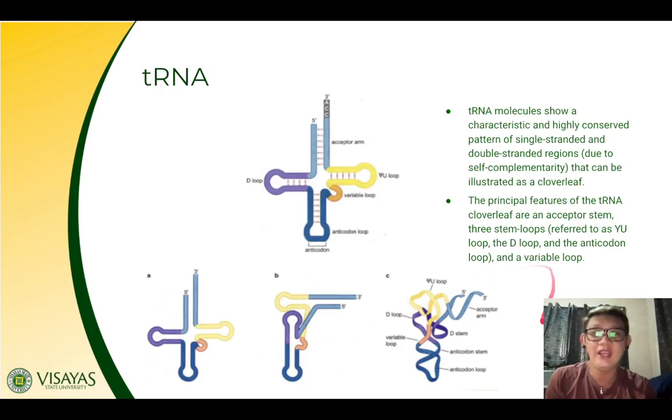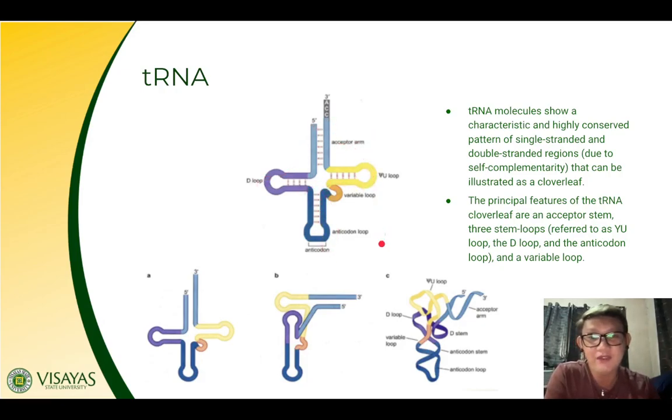tRNA molecules show characteristic and highly conserved patterns of single-stranded and double-stranded regions due to self-complementarity, because there are regions that are complementary to each other, so they subsequently fold. That is why it is illustrated as a cloverleaf structure.